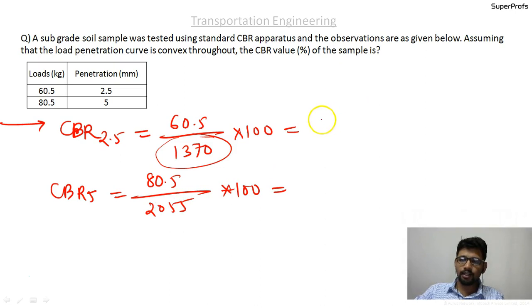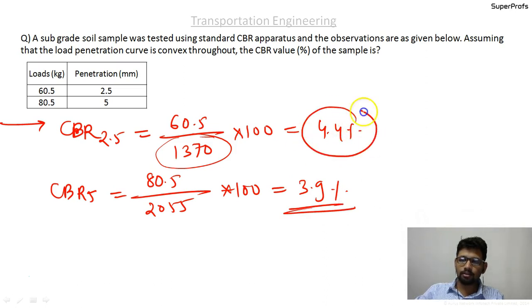The answers that you get are 4.4 percentage and 3.9 percentage. So whichever is the greater value, CBR 2.5 usually comes out to be the greater value. That is the answer, and it should be greater than CBR 5. If not, you have to repeat the experiment, and whatever the answer comes, that will be the final answer.